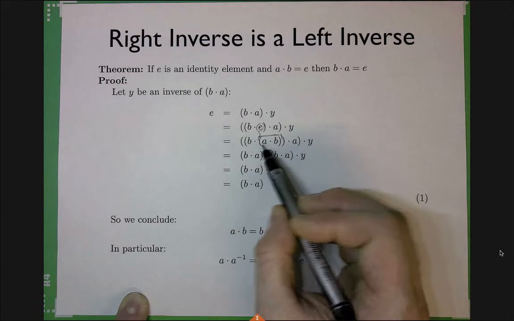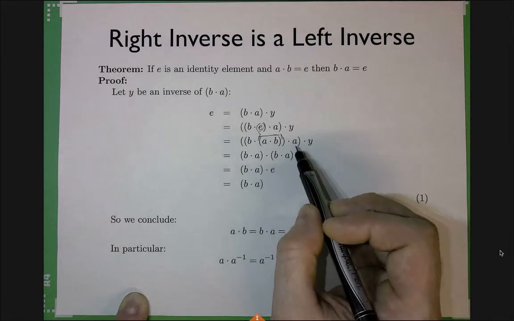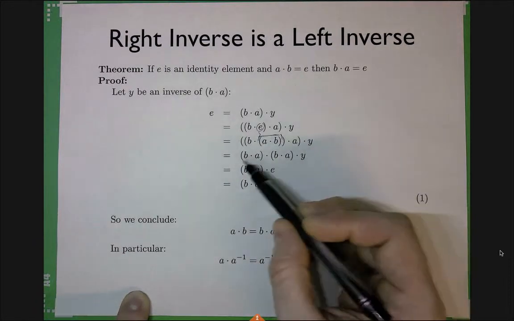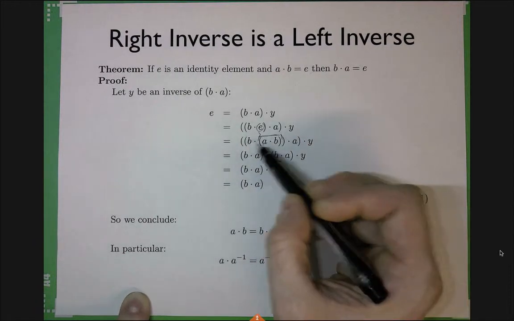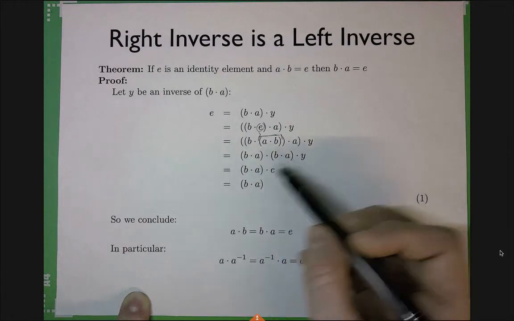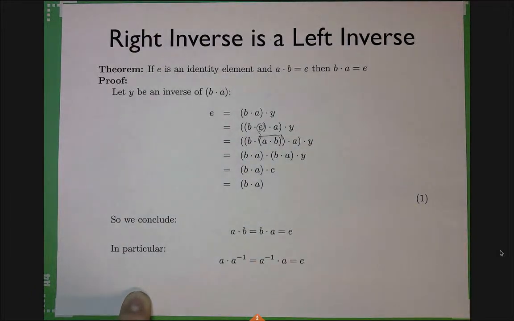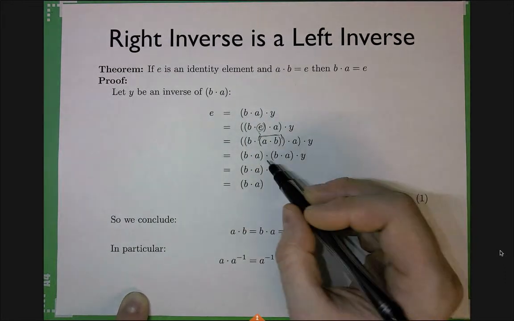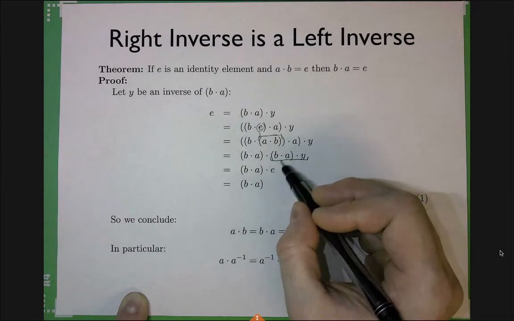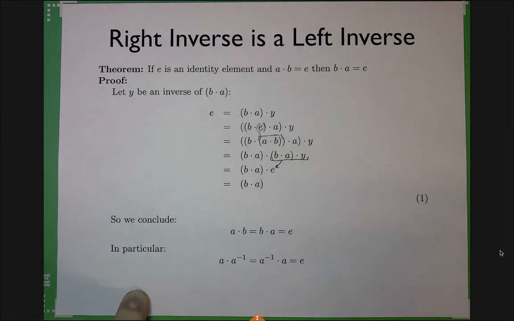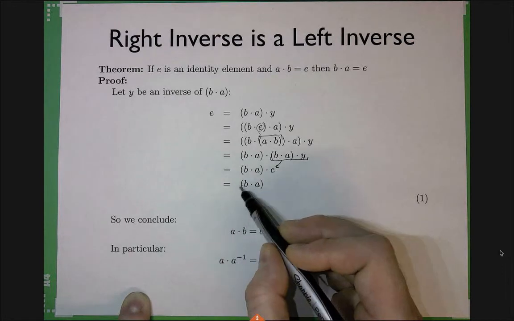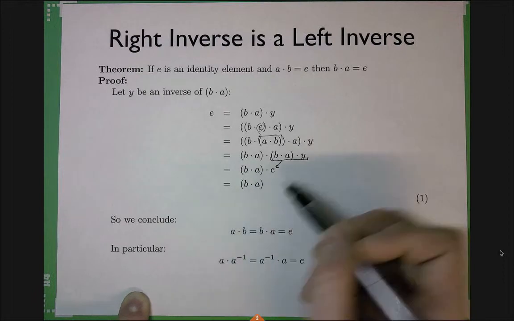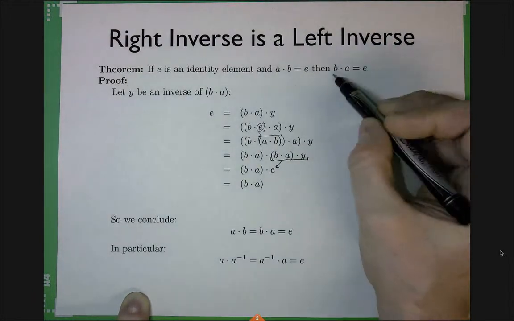So here I was computing first A dot B and then dot B and then dot A, but I can also do it by doing B dot A and B dot A. As long as I don't flip anything, which I didn't, this is BA, BA, this is also BA, BA, this is also equal, right? And now remember, Y was the inverse of B dot A, right? So this is E, right? But anything times E is the same thing, so B dot A times E is just B dot A, which means that B dot A is E, and that's exactly what we wanted to prove.